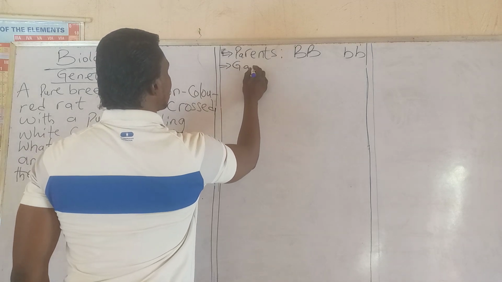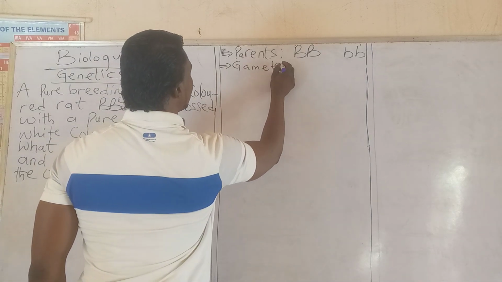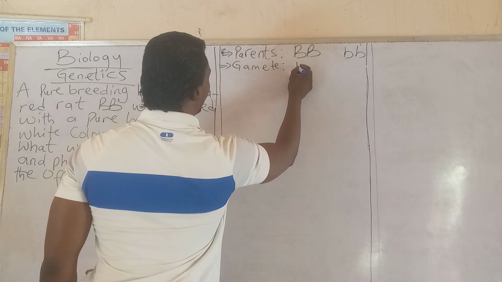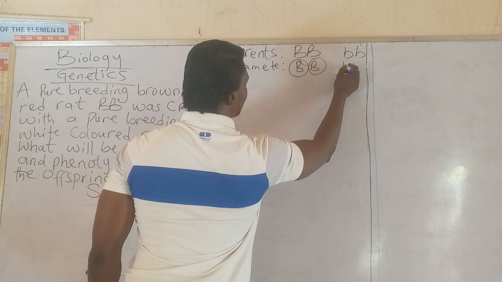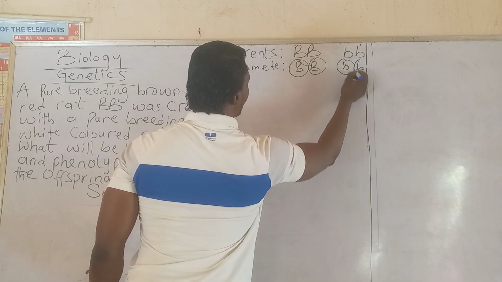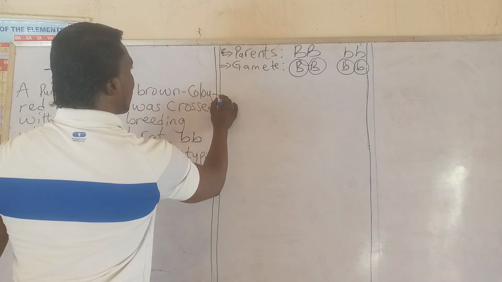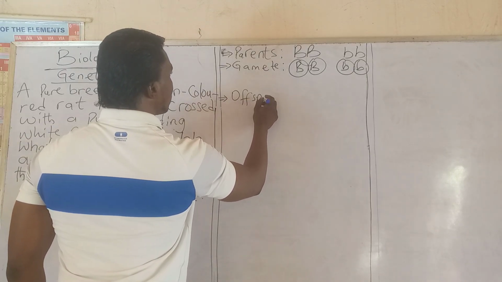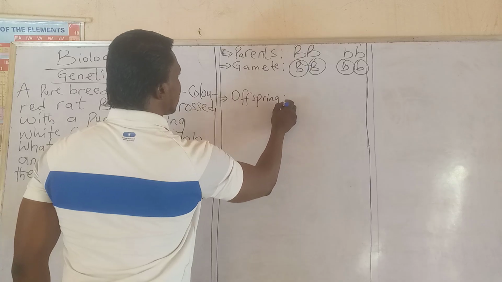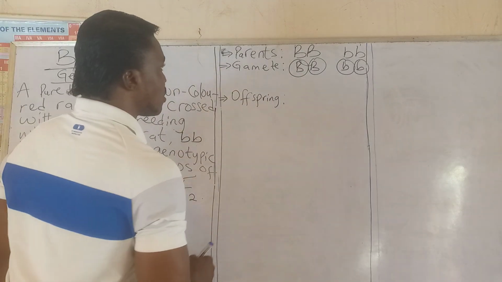Gametes. You know, the gametes will not be different from the parents. A parent will not produce a different gamete. Your gamete is you. Now, this is the offspring that is born from the cross between these gametes.